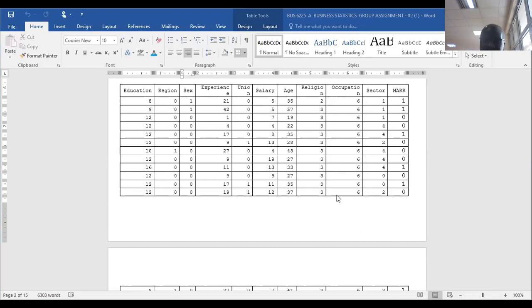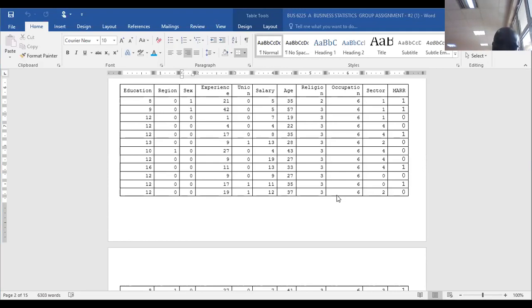So how many data items are you going to enter? I may ask you, how many are you going to enter? 534? Data items.